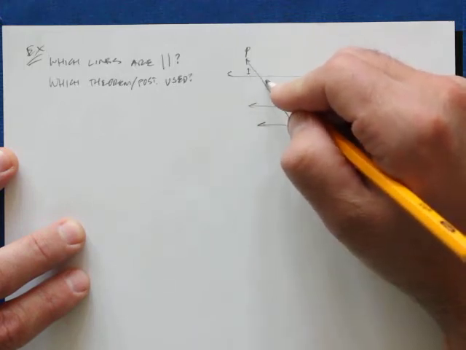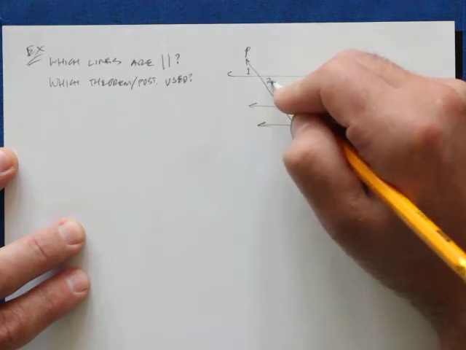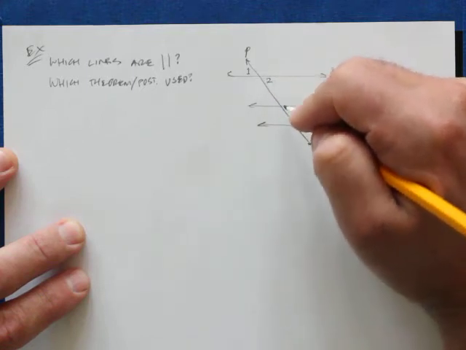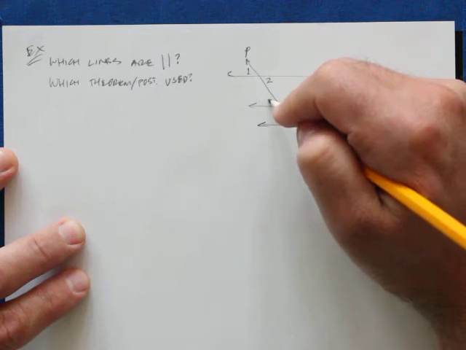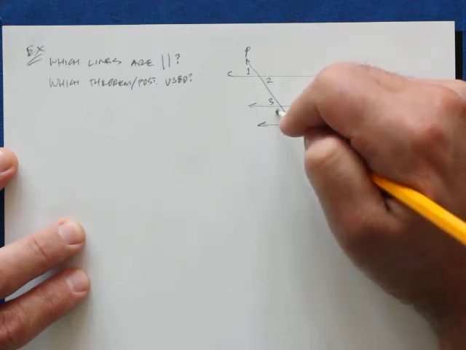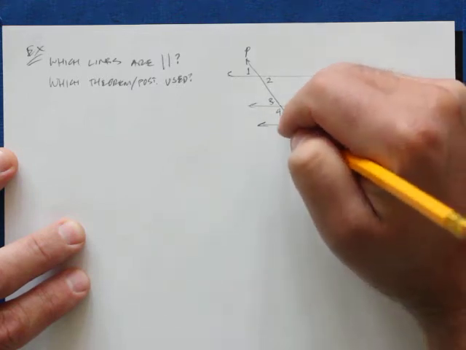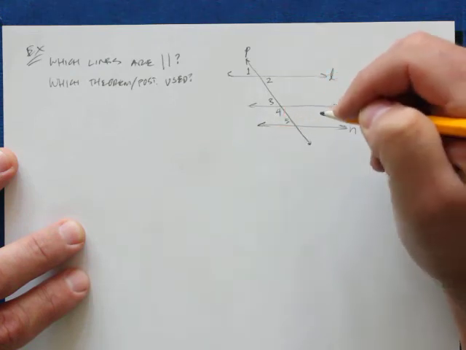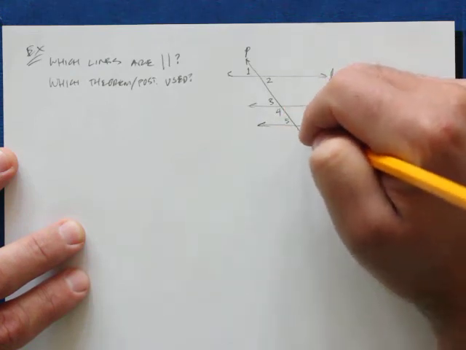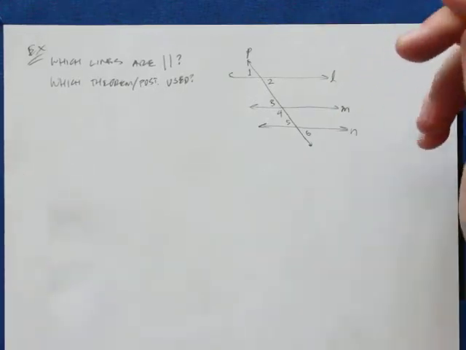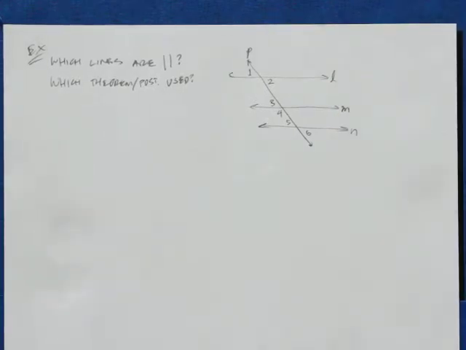Then the vertical angle to angle 1 is 2. And then down here is 3, below 3 is 4, and then keep going down on that side of the transversal is 5, and then we've got 6 as the vertical angle to angle 5.